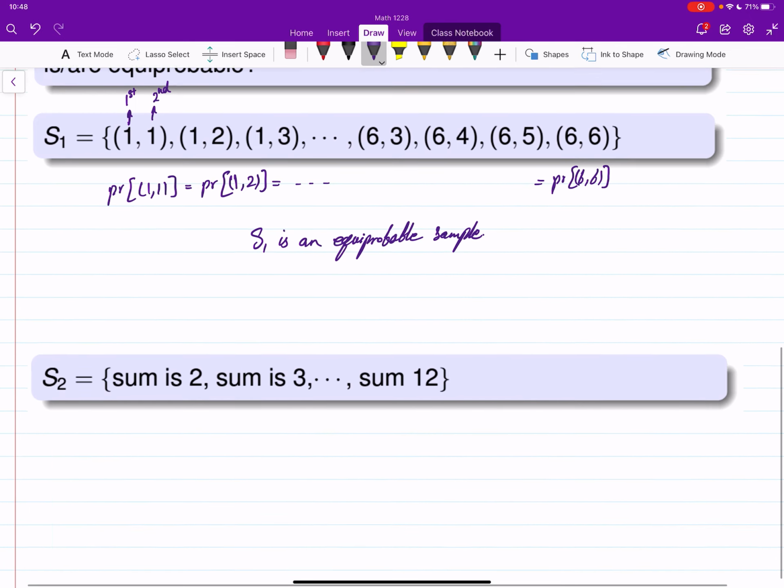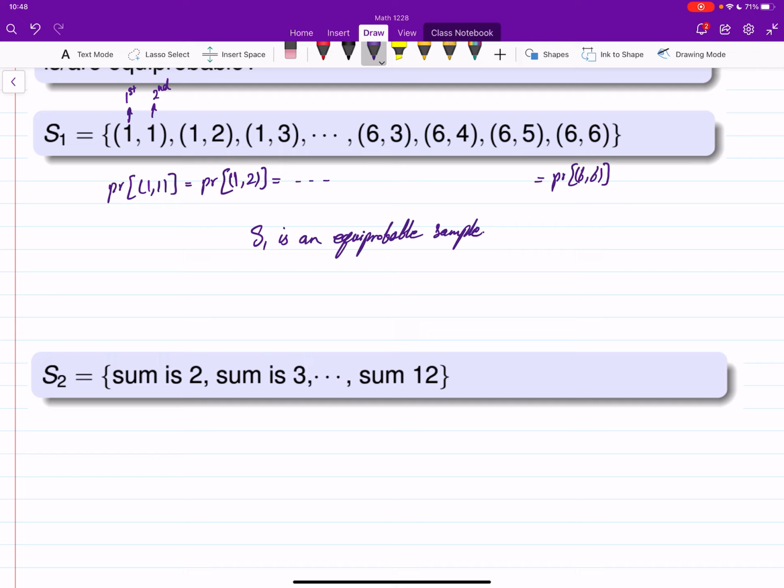How about S2? S2 is the sum equal to 2, 3, 4, 5, 6, up to 12. You have two numbers, you add them, and they add up to 2, to 3, to 4, 5, 6, up to 12. Can we decide that this is equiprobable or not? We have to come up with an idea showing that they are or are not equally likely to occur. Again, here, since we have a large enough equiprobable sample space, we can write sample points of S2 as events of S1.